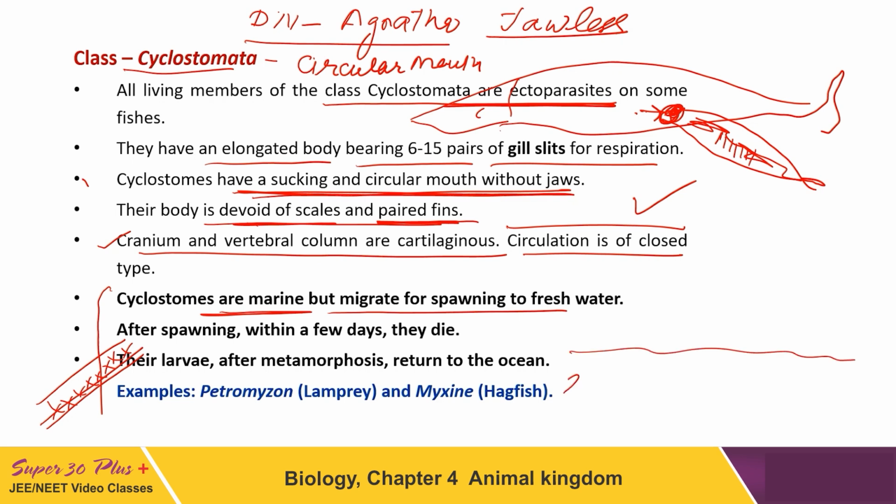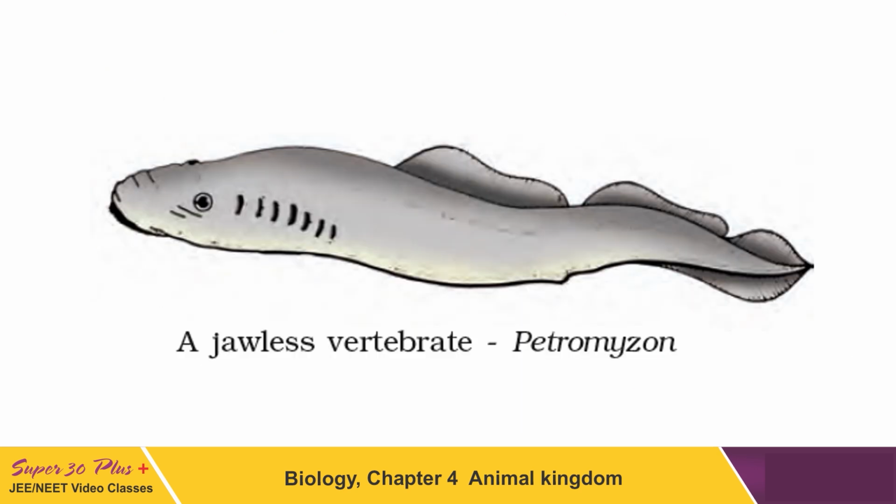See children, this is the sea, the ocean. This is one of the cyclostomes, a jawless vertebrate, Petromyzon. You are seeing here 6 to 15 gill slits. Fins are there, but the paired fins are absent.